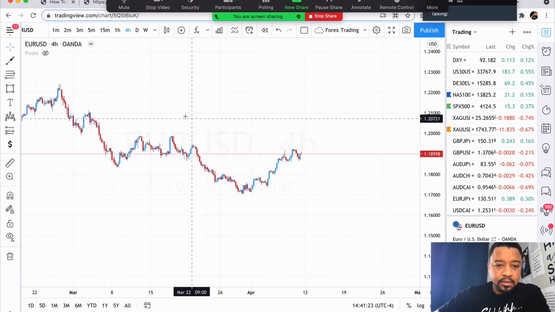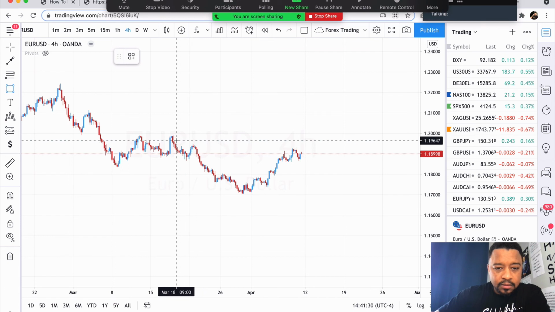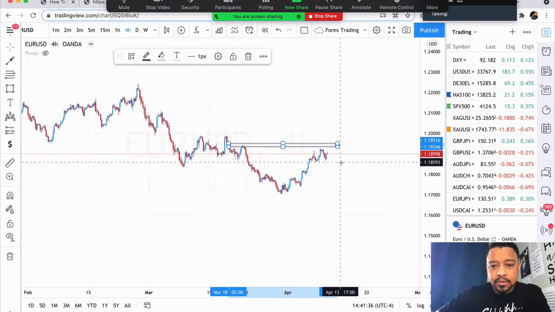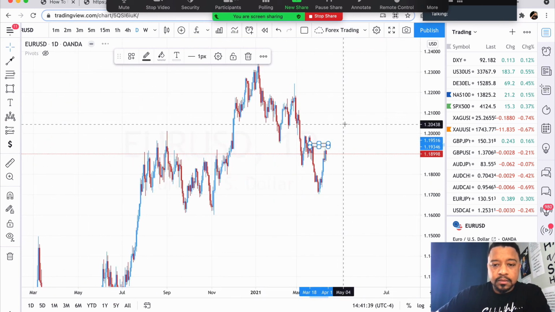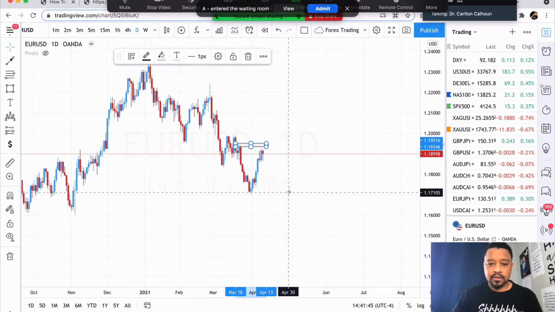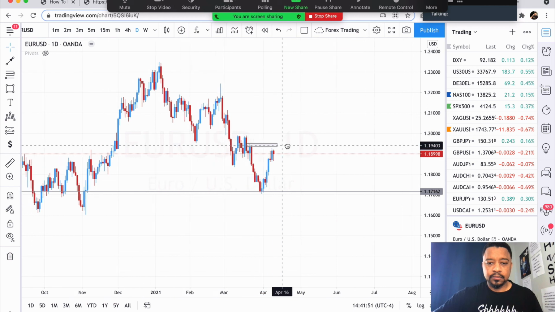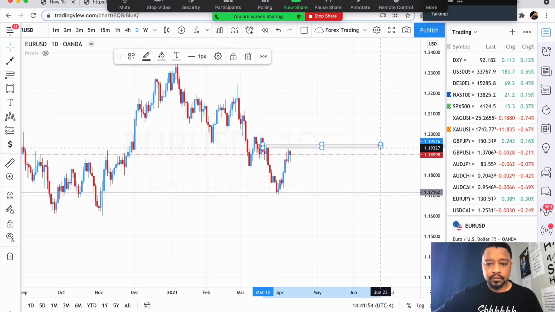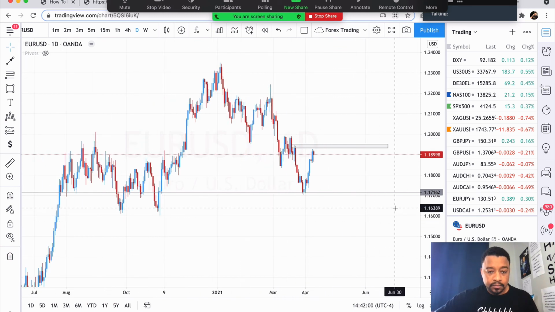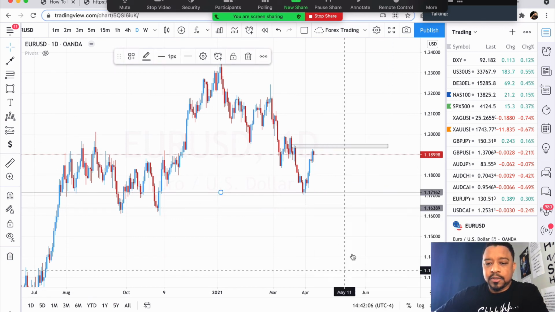Downtrend. Already retested here. Next areas right in here. Template sell.